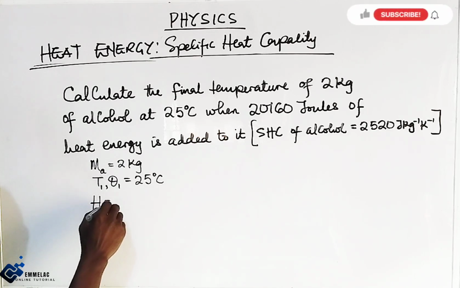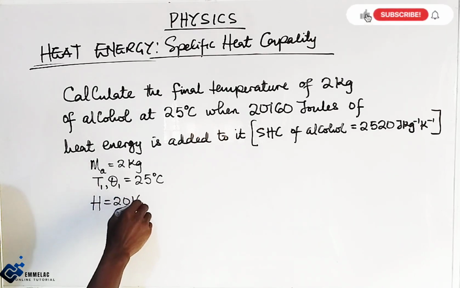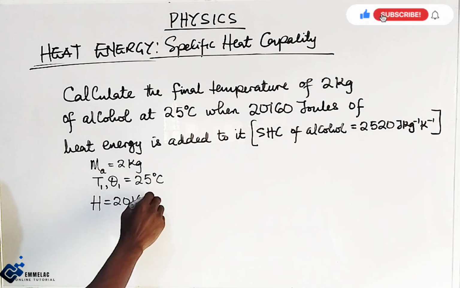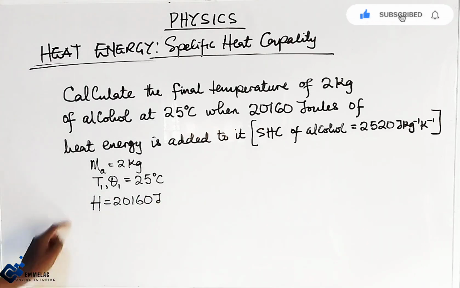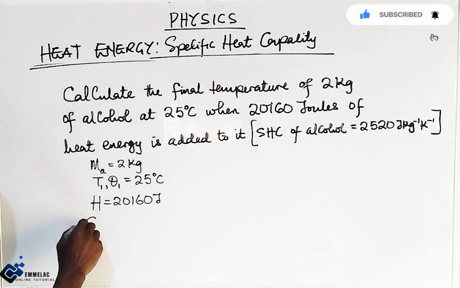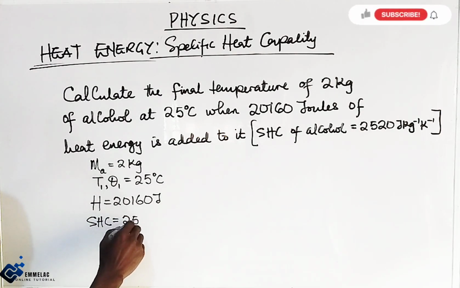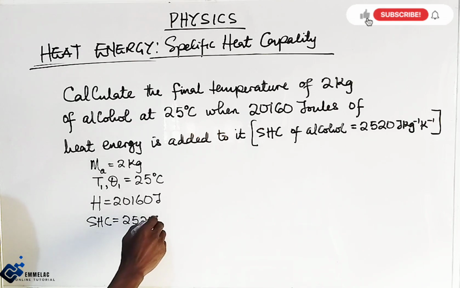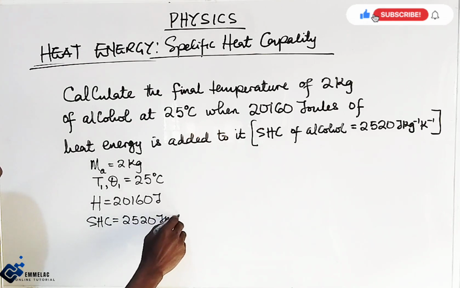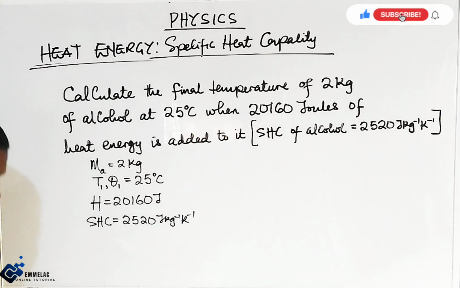The heat equals 20160 joules. And we are given that the specific heat capacity equals 2520 joules per kilogram per Kelvin.